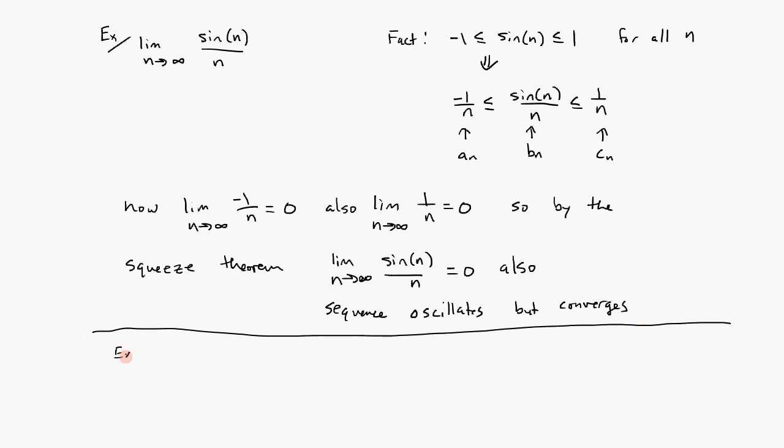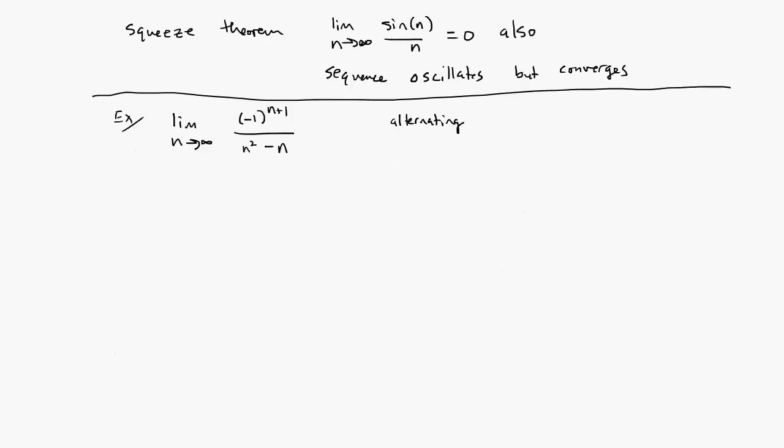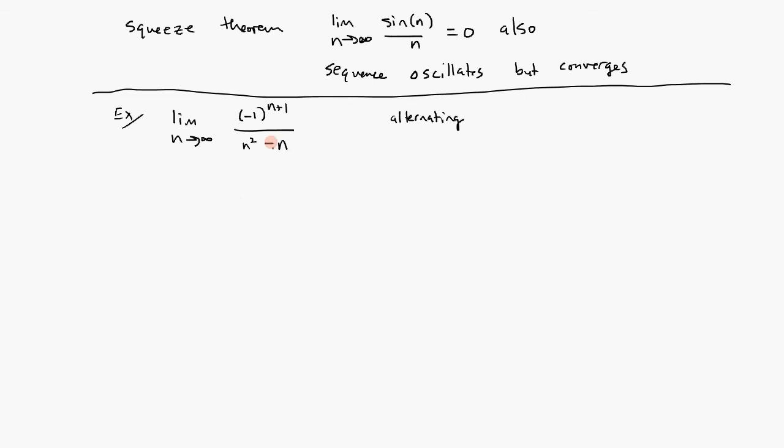Let's take a look at another example. So suppose we want to take the limit as n goes to infinity of (-1)^(n+1) over n squared minus n. Okay, so now this is an alternating sequence. So let's try using the squeeze theorem again.